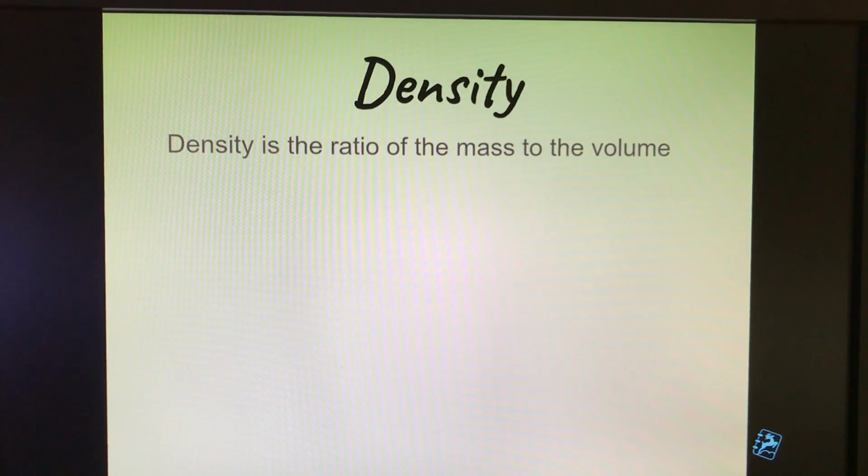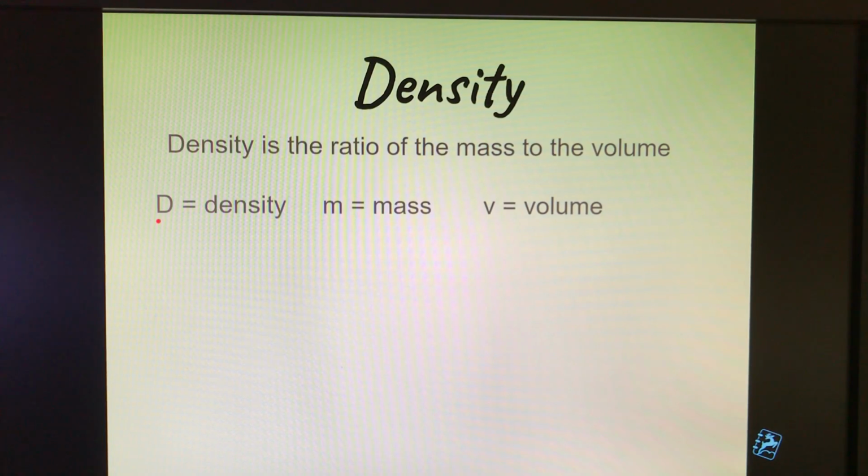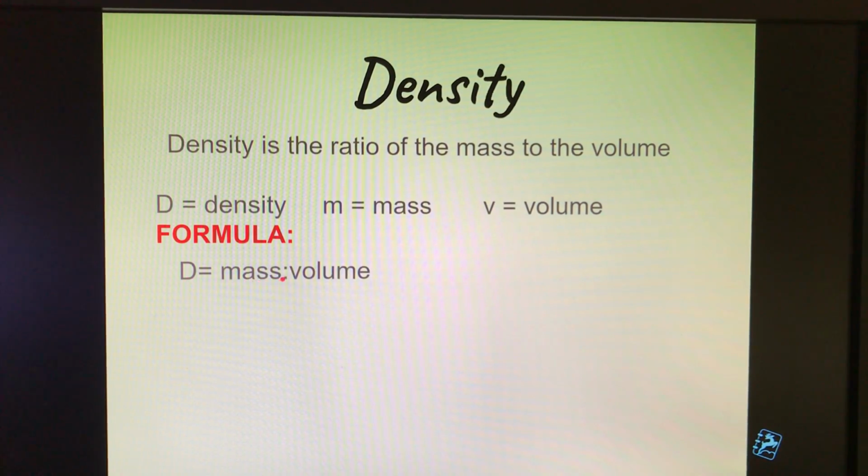So, density is the ratio of mass to volume. Well, what does that look like? Here are our variables. D equals density, M equals mass, and V equals volume. The formula for density can be expressed as D equals mass to volume, because remember, it's a ratio.